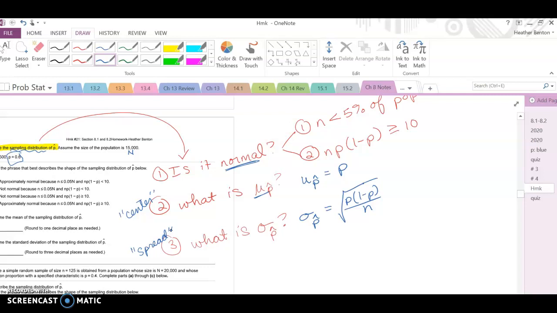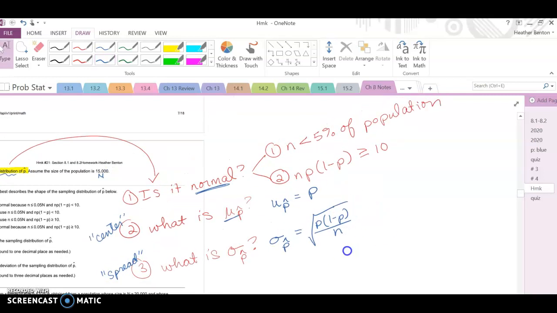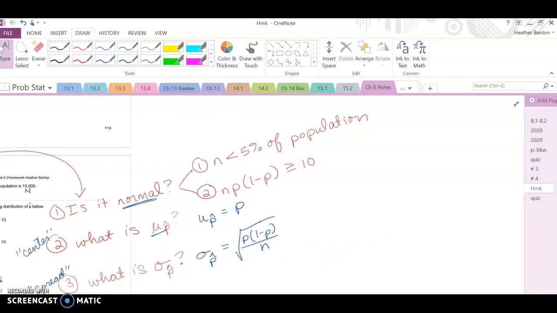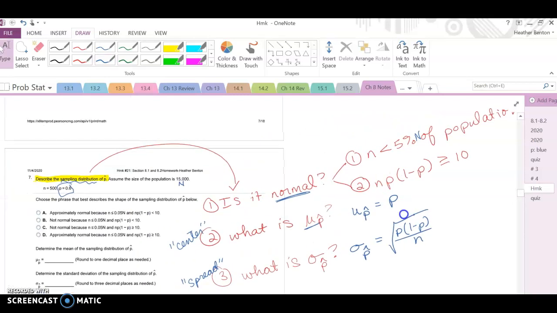And so first of all, let's start with, is this normal? There's 2 rules you have to meet in order for the distribution to be normal when you're dealing with a proportion. First of all, your sample size has to be less than 5% of the big population, big N. Our little n is 500.